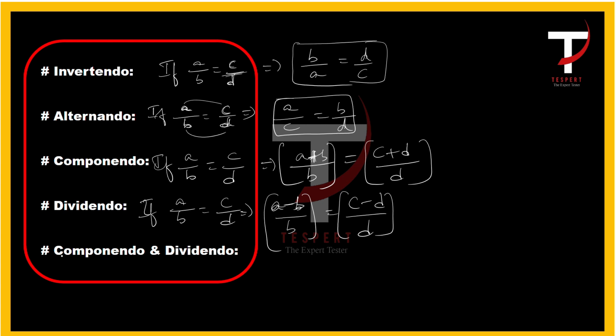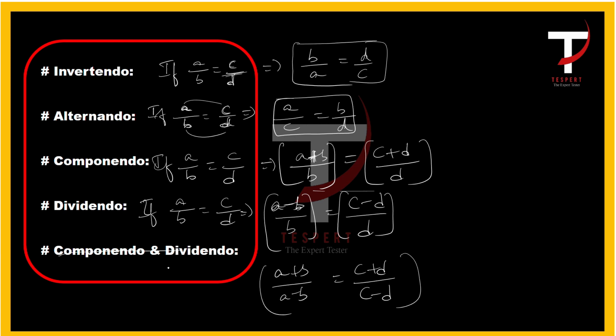So what about componendo and dividendo? That means we are dividing these two. So the final value becomes A plus B by A minus B, which is equal to C plus D by C minus D. So how did we arrive at this?